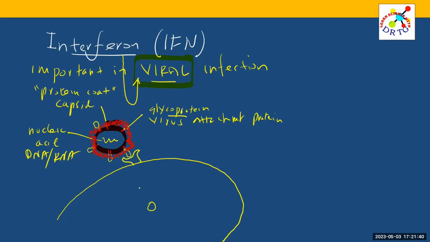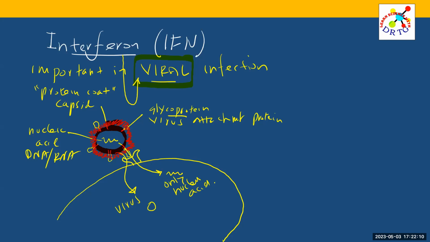So there are two things can happen. One is this nucleic acid can go into the host cell. If not, the whole virus can enter into the host cell. So depending on the virus, the whole virus can go into the host cell, or in certain situation, only the nucleic acid can go into the host cell.